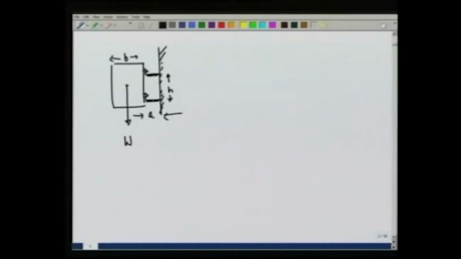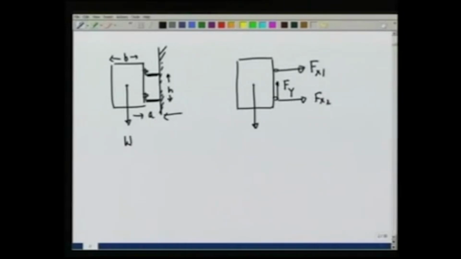So, let us see how the gate is being supported. If I look at the gate, it has a weight pulling it down, then the entire weight is being supported by the lower support. So, it has a force F y pulling it up. In addition, there will be forces in this direction. Let us call these F x 1 and F x 2. These are the only forces that are there on the gate.